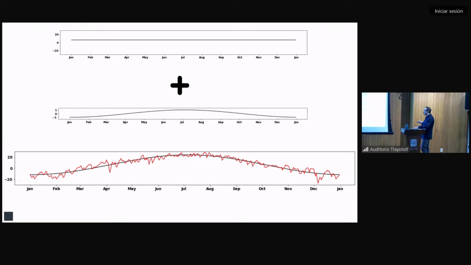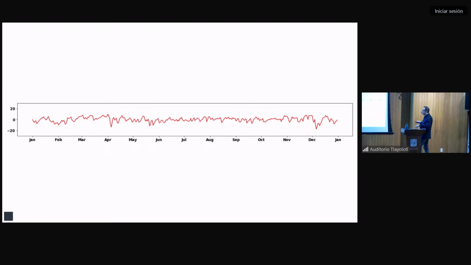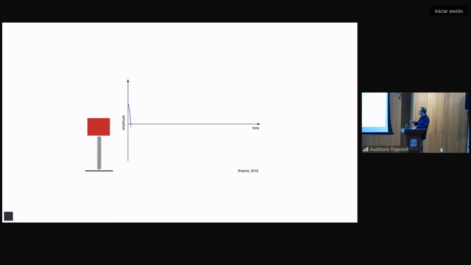If we remove that smooth line, we see certain oscillations, and if the translation of the Earth around the sun explains a lot about the behavior of the original time series, we can try to understand this behavior using different kinds of oscillations that might explain that phenomenon.